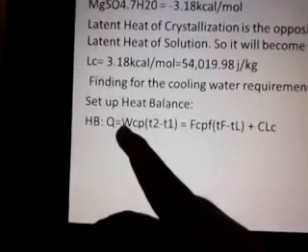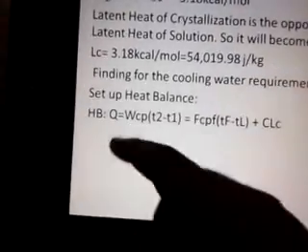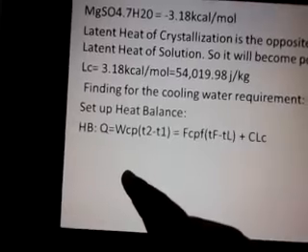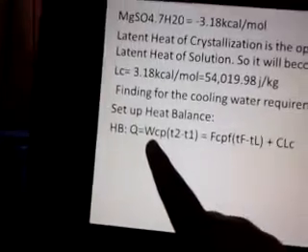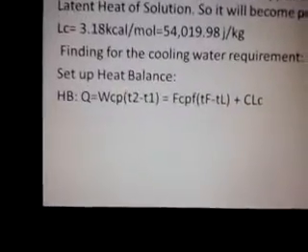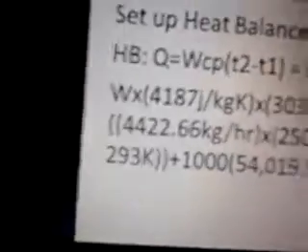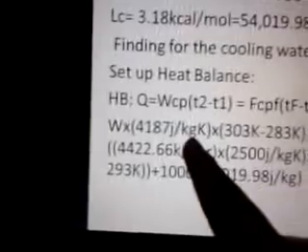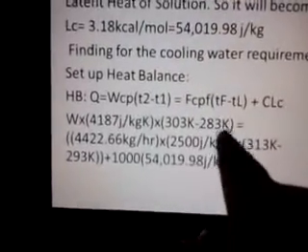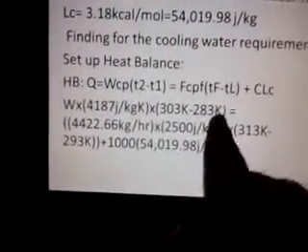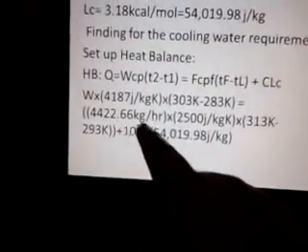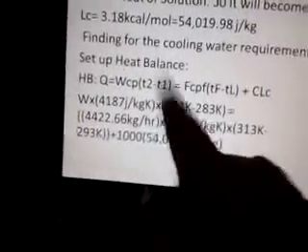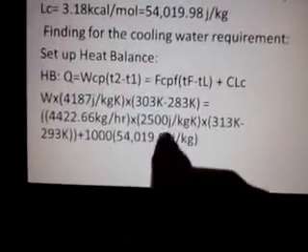W is the mass of the water, or the water rate. So just plugging in all the values. W times Cp of the water times 303 minus 283, which is T2 and T1, is equal to F, which is 4,422.66 kg per hour, times CPF, which is given as 2,500 joule per kilogram Kelvin.